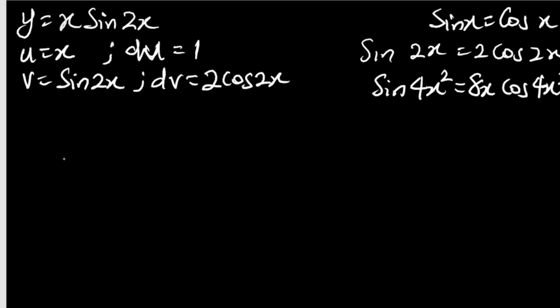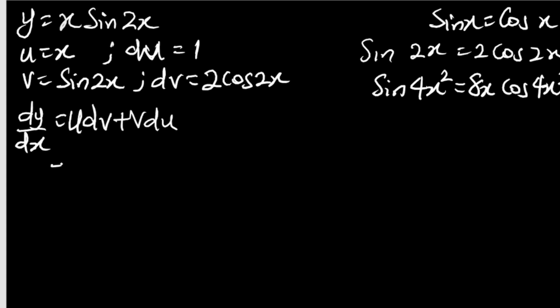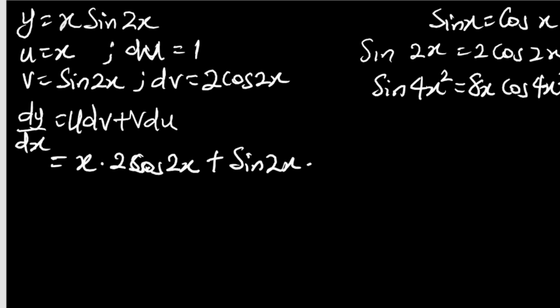Okay, now the formula here is dy over dx equal to u dv plus v du. Our u, we know, is x, and then dv is 2 cos 2x, plus we have our v to be sine 2x, then we have du to be 1.